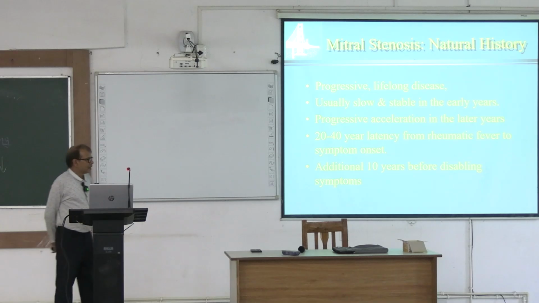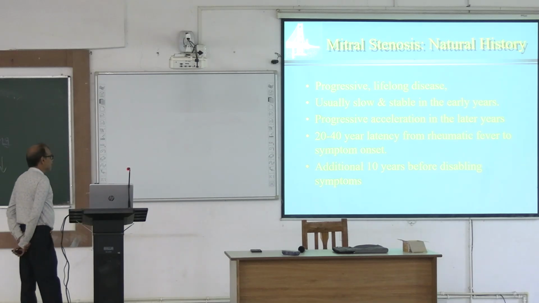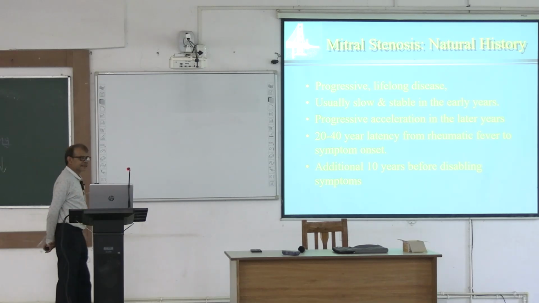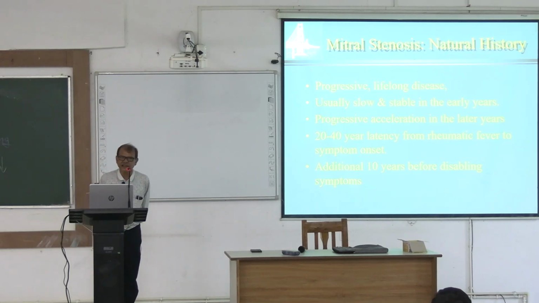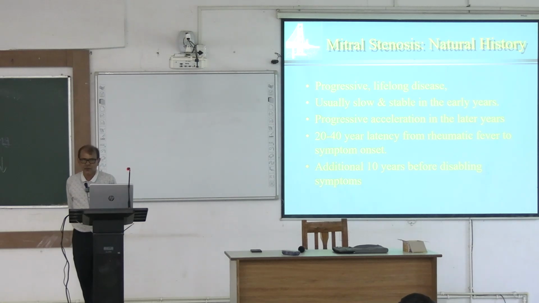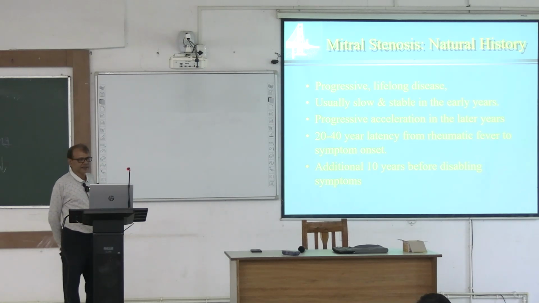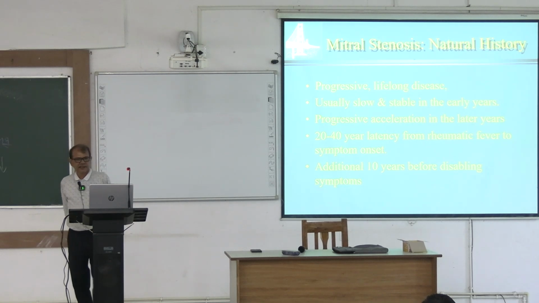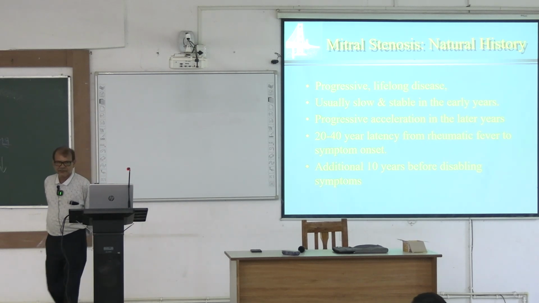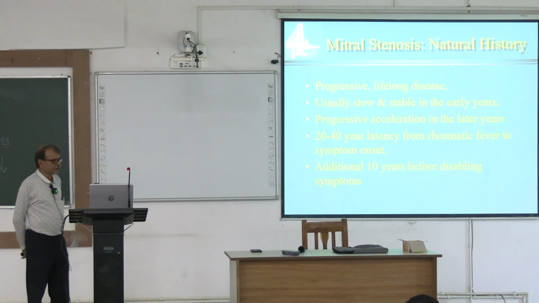Natural history. Mitral valve disease, particularly mitral stenosis, is a progressive and lifelong disease. Second, usually slow and stable in the initial years, and progressive acceleration in the later life or the older age group.